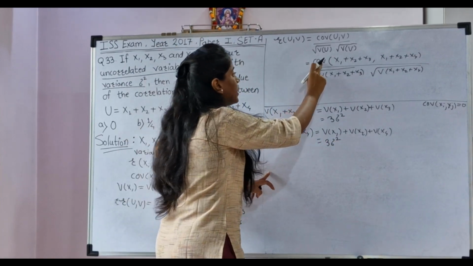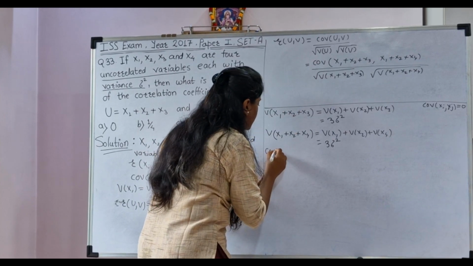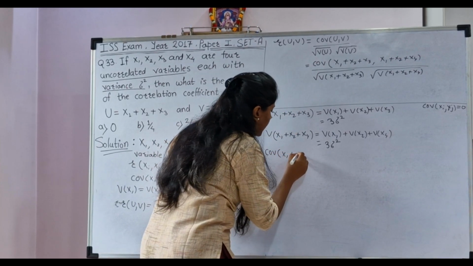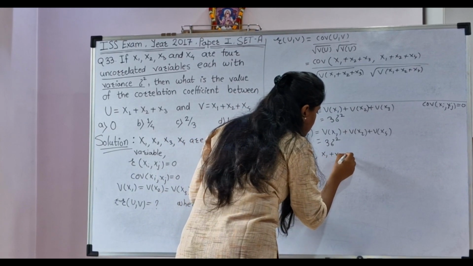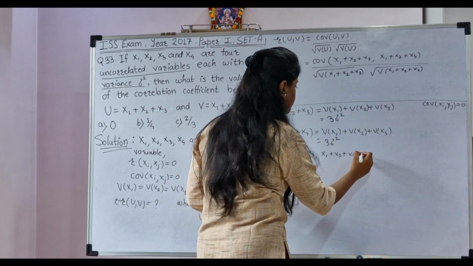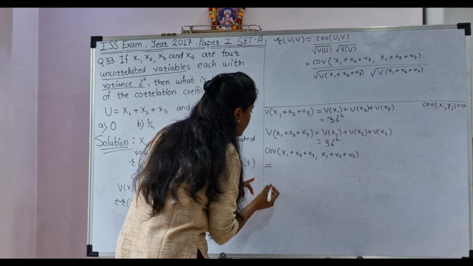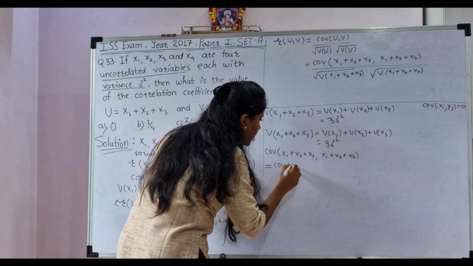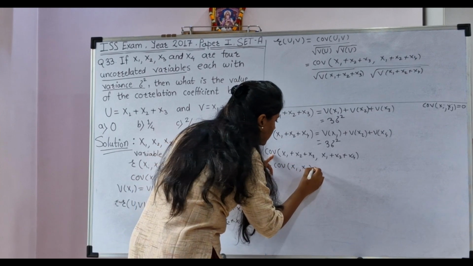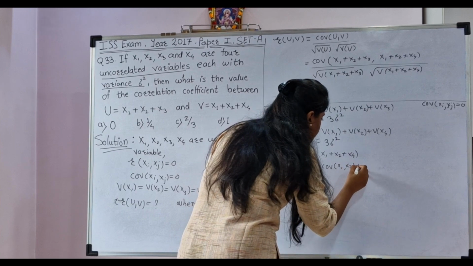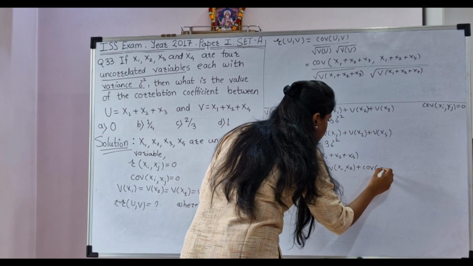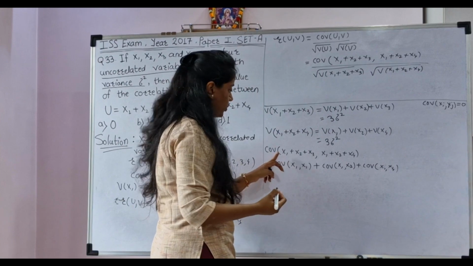Next, what we want to find out is the numerator term, that is covariance of x1 plus x2 plus x3, x1 plus x2 plus x4. Let's expand it. So what we will get here: covariance of x1 x1 plus covariance of x1 x2 plus covariance of x1 x4. Okay.